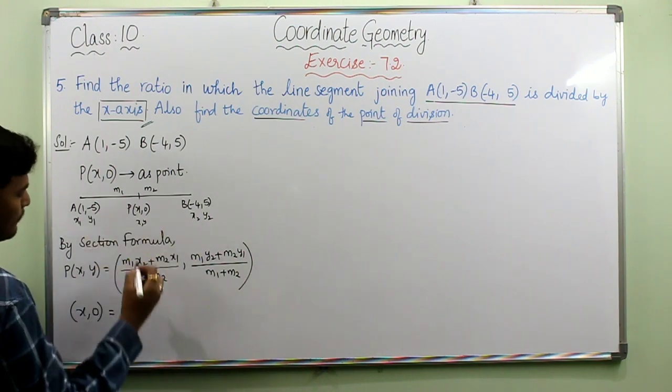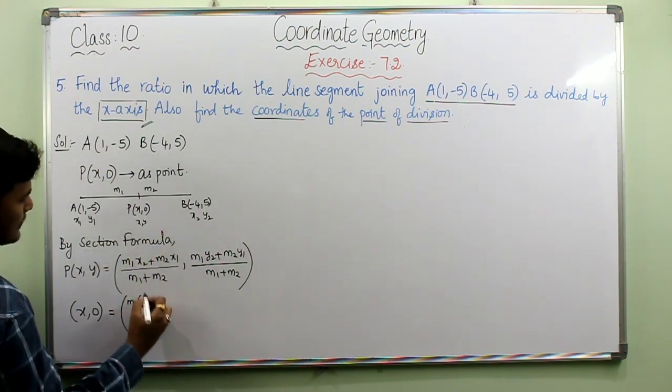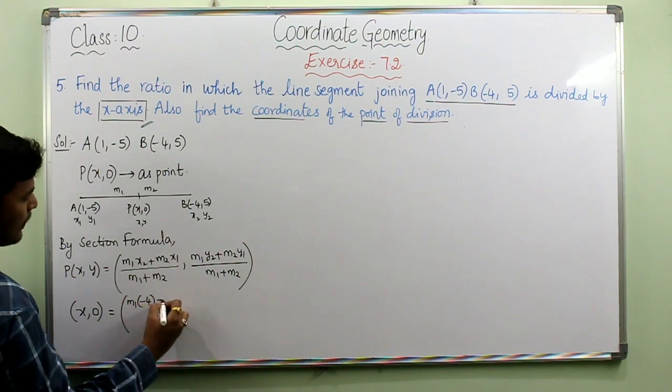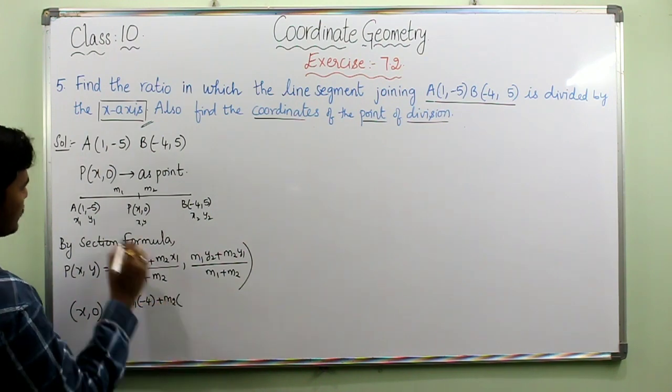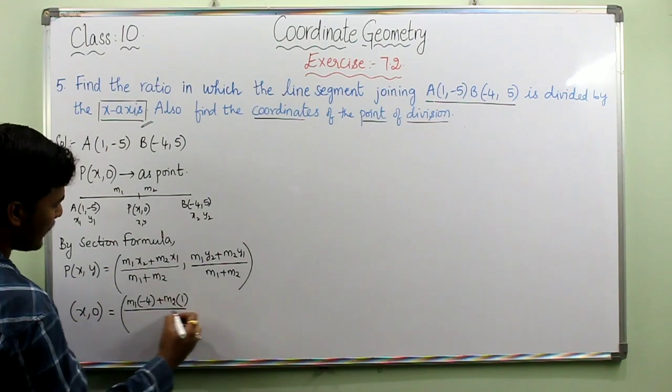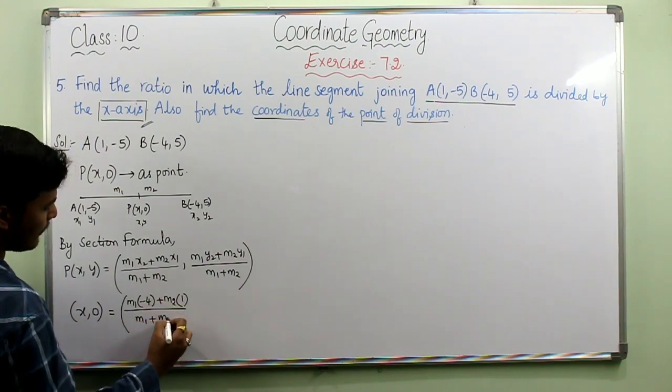Let us substitute them. So m1 as it is, x2 is -4, plus m2 into x1 is 1, by m1 + m2.